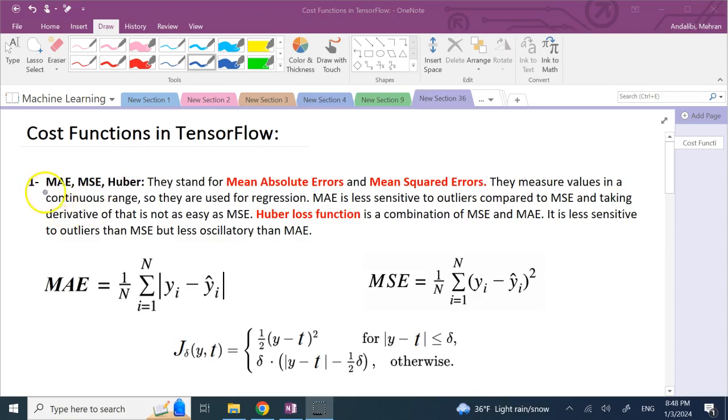So the first three are the ones that you use for regression, and these are mean absolute error, mean squared error, and Huber.